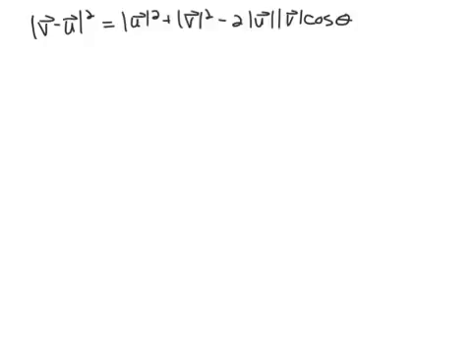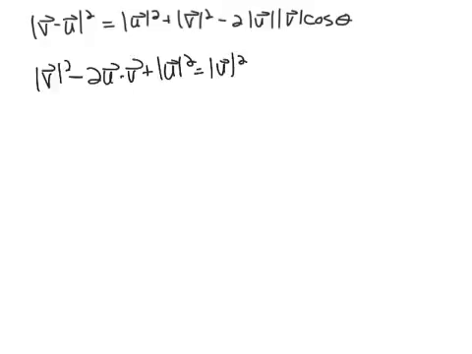Now I'm going to replace the left-hand side with what I just came up with by multiplying it out. Here's what I got: the magnitude of v squared minus 2 u dot v plus the magnitude of u squared. That's equal to all the other stuff on the other side.